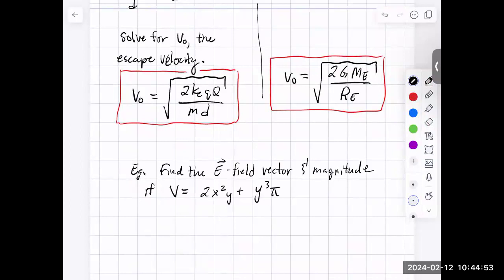I don't really care what kind of constants or factors you put in there, but let's say this is our potential.